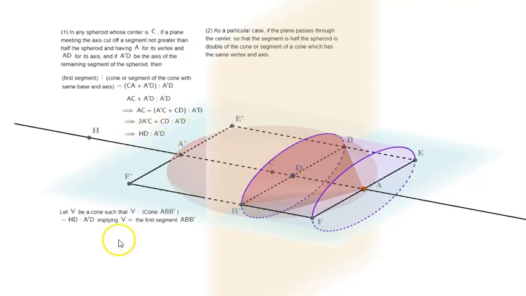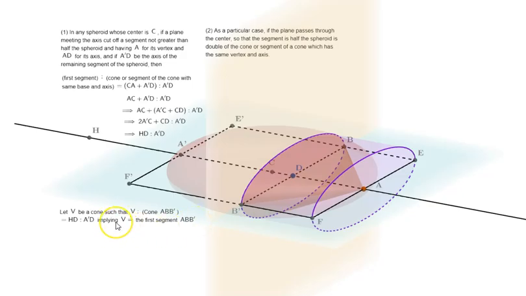Now let V be a cone such that V is to cone ABB prime as HD is to A prime D, implying V is equal to the first segment ABB prime.